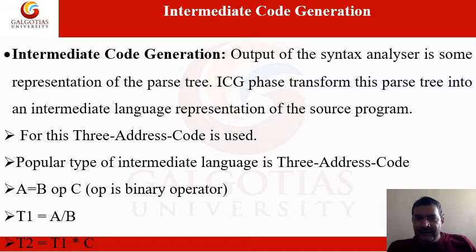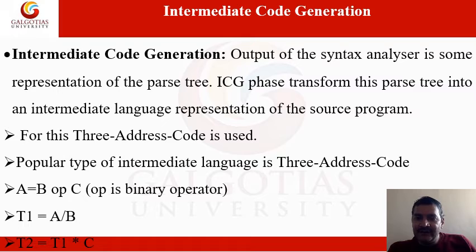It can be written like this: A equal to B op C. Op is the binary operator. For example, there is A divided by B cross C. We have taken this example in the syntax analysis phase.